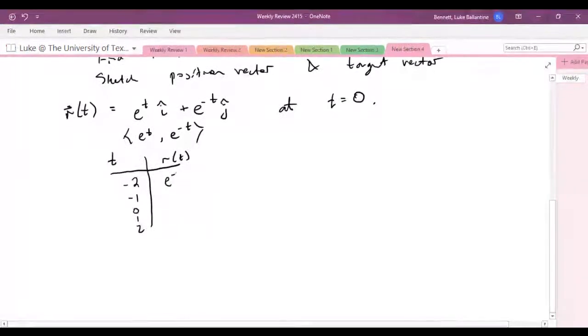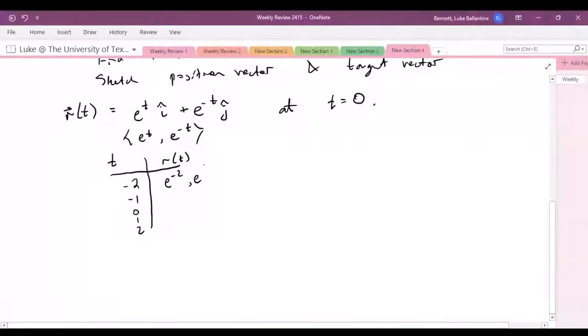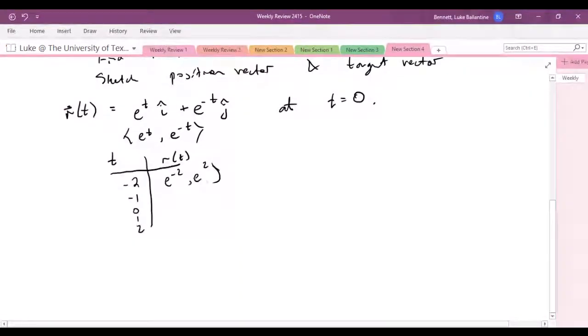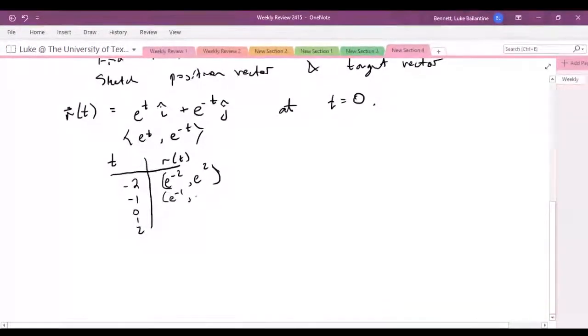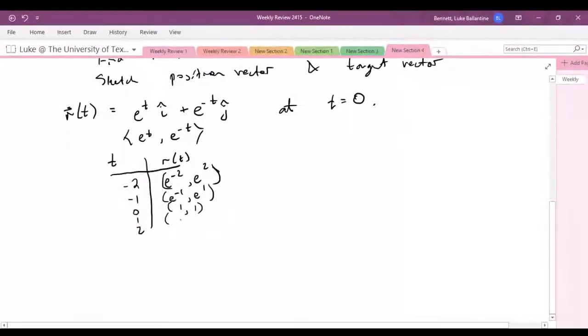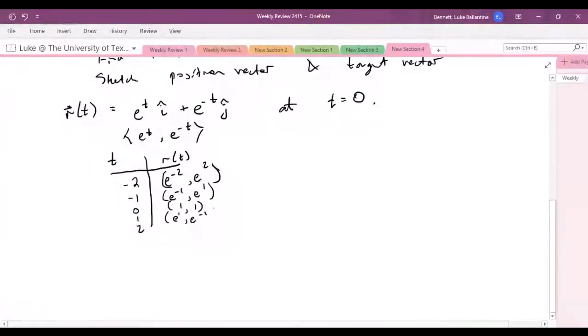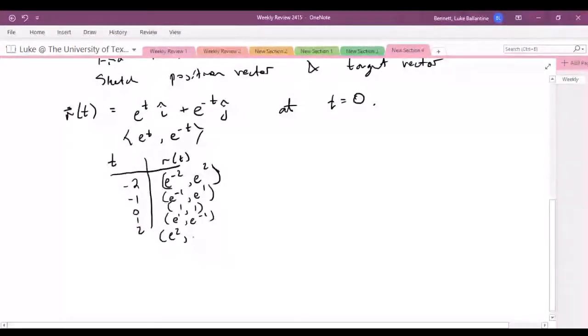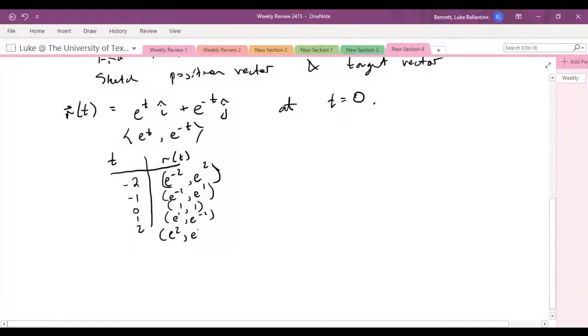What do we get? We get e to the -2, e to the 2. That's the point. And then we get e to the -1, e to the 1. We get e to the 0 is just 1, e to the negative 0 is also 1, and then we get the flip: e to the first, e to the negative 1, e squared, e to the negative 2.